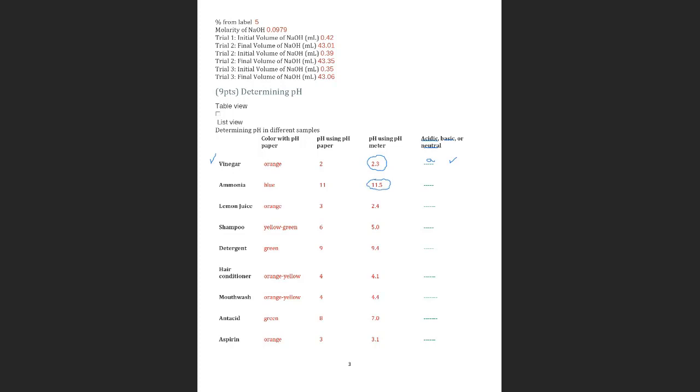It is higher than 7. Is it acidic, basic, or neutral? Let me see. You wrote neutral. Is that right? Okay, so we are looking at 11 point.